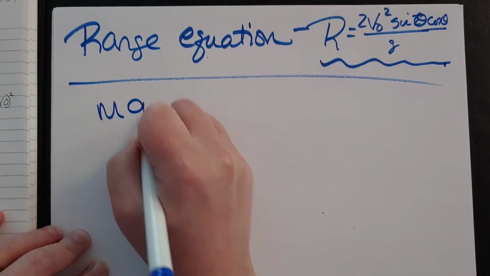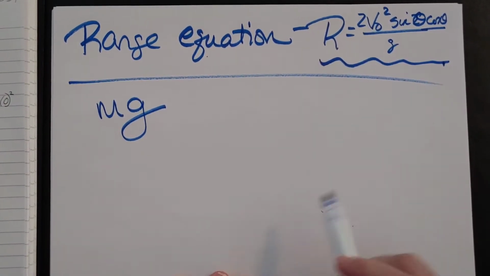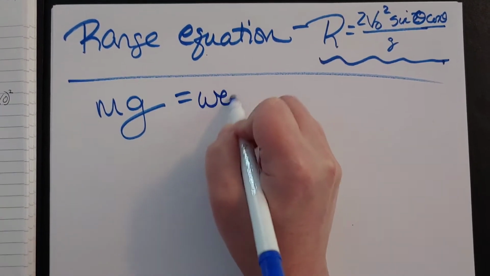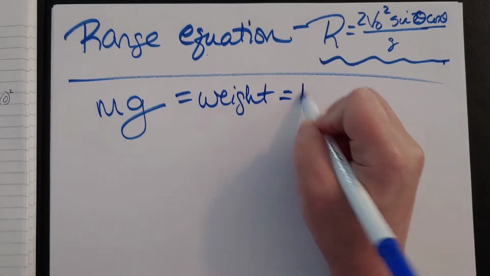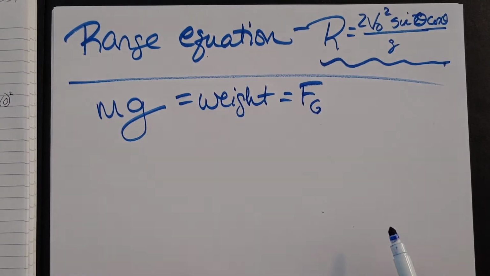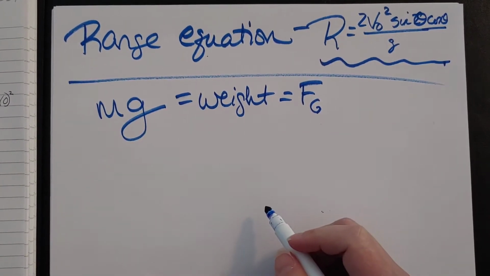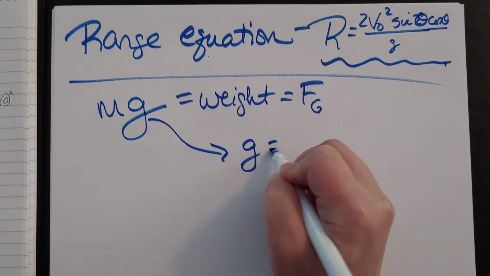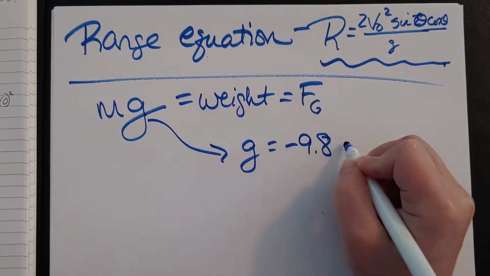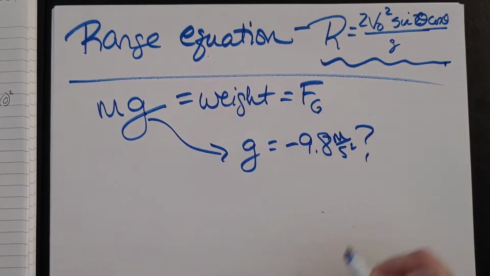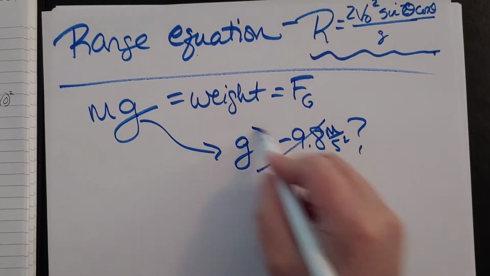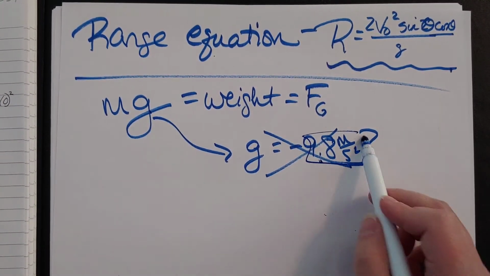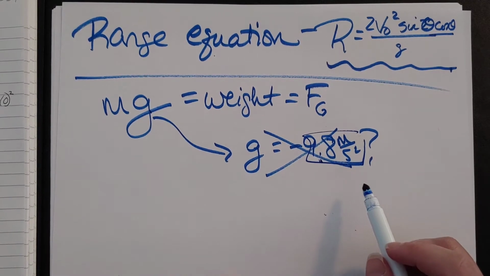Random thing number 3, mg. What is this? This is weight, also known as F sub g, because it's the force due to gravity. But what is it really? Is this g negative 9.8 meters per second squared? No. It has the same magnitude as that, your favorite little acceleration due to gravity.